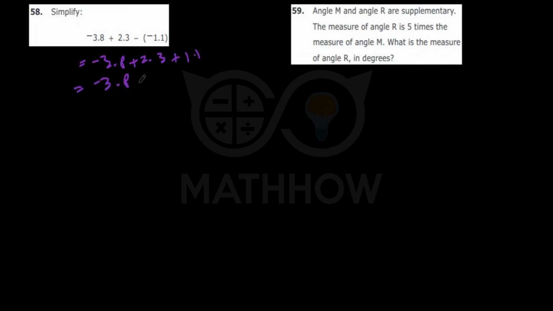2.3 and 1.1 are both positive, so they add up to 3.4. So minus 3.8 plus 3.4. Since the greater number has a negative sign, the result will have a negative sign, and the smaller number will be subtracted from the greater number since both numbers have opposite signs.